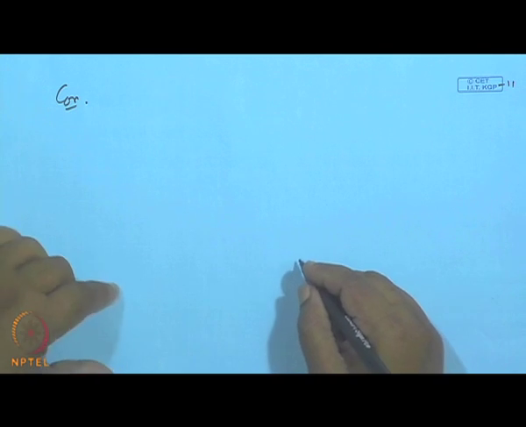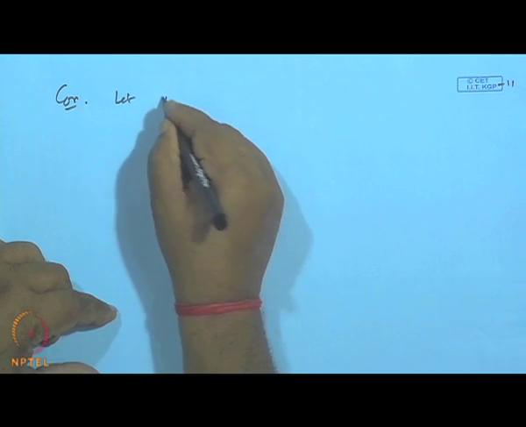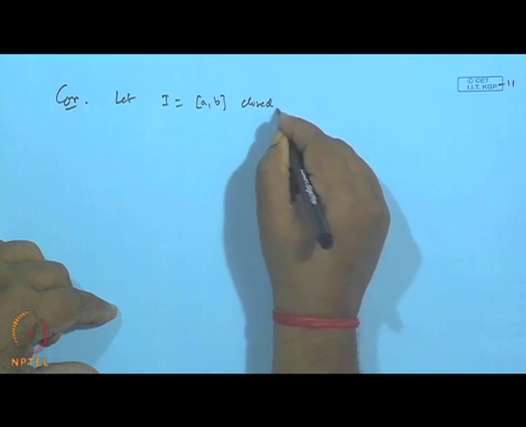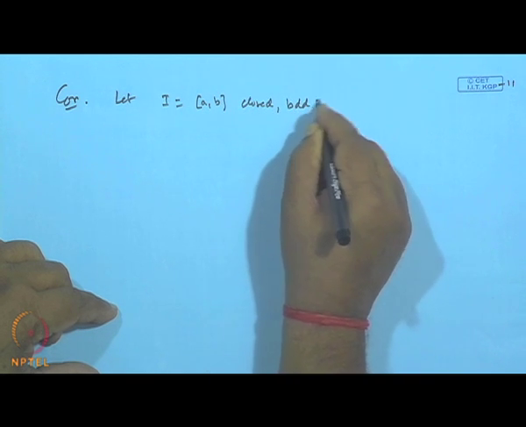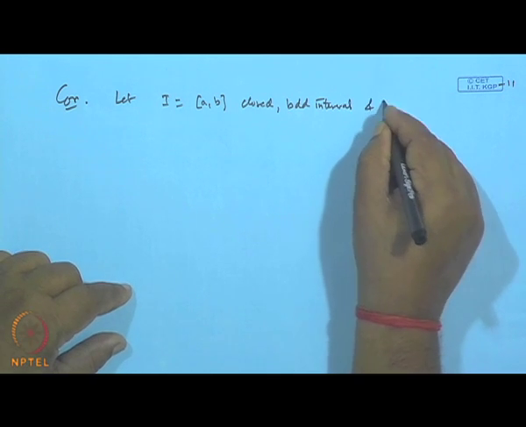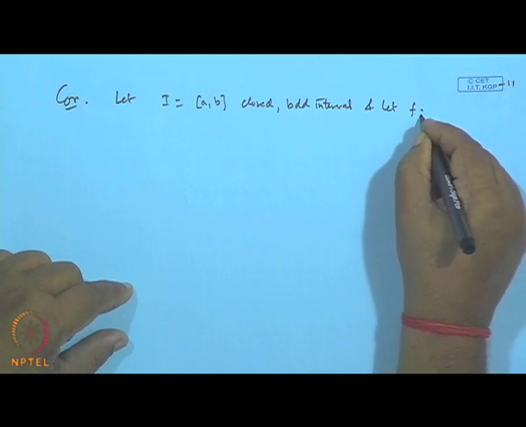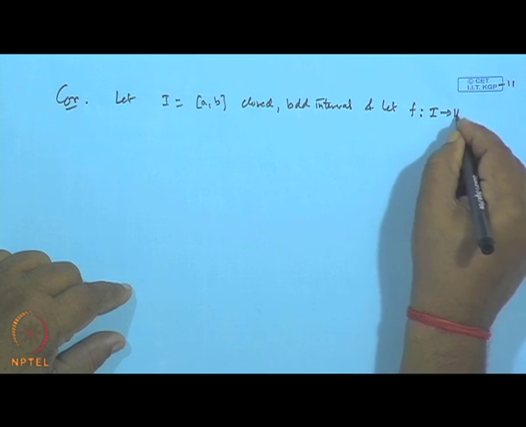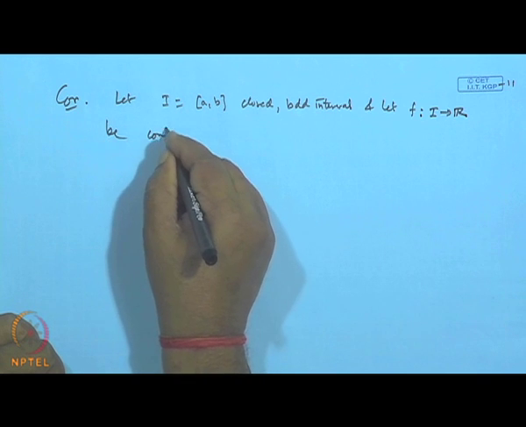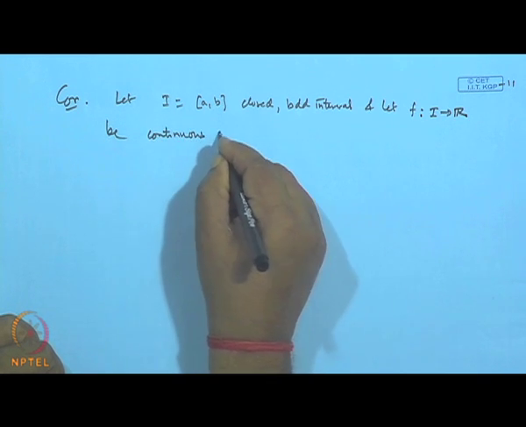So, as a corollary to this, we can say: let I be a closed bounded interval, and let f, a mapping from I to R, be continuous on I.